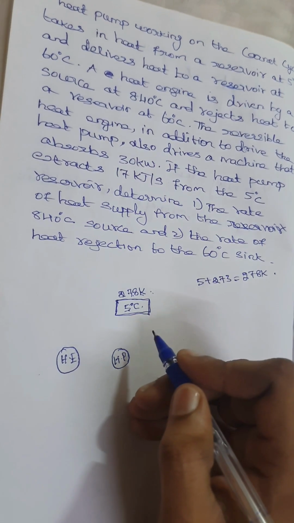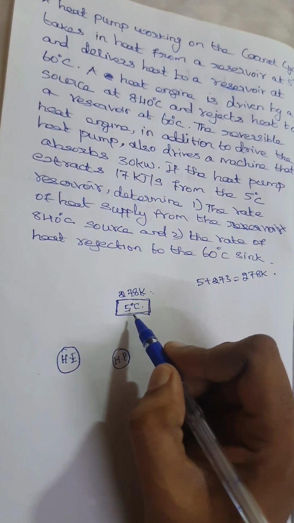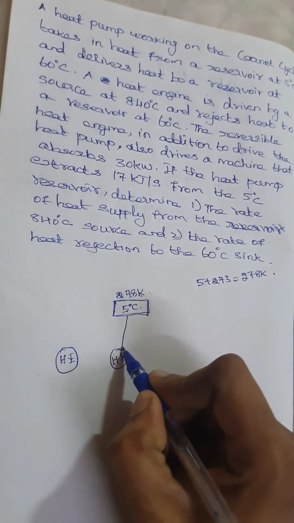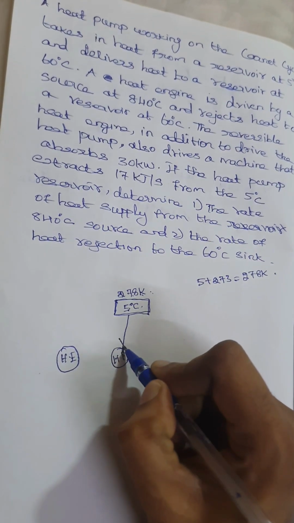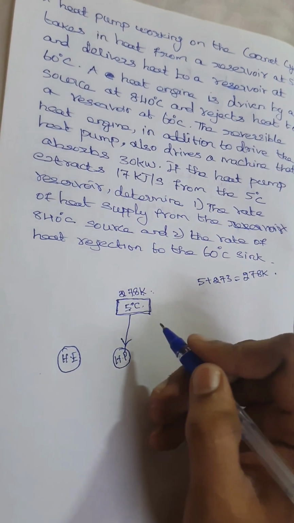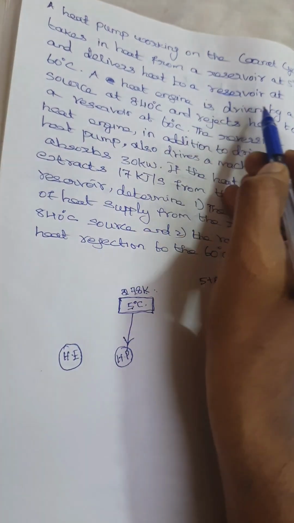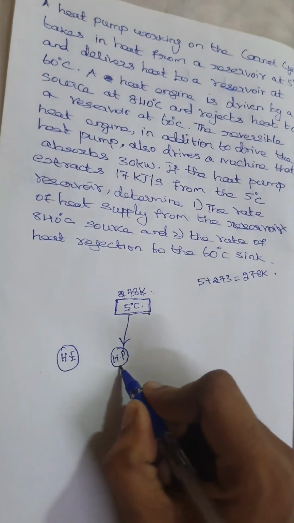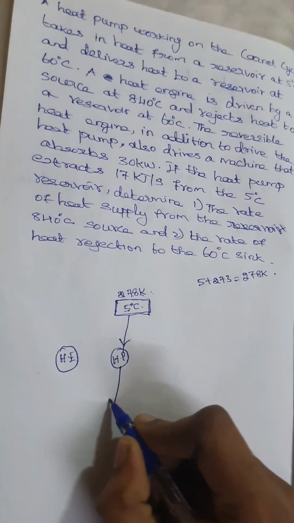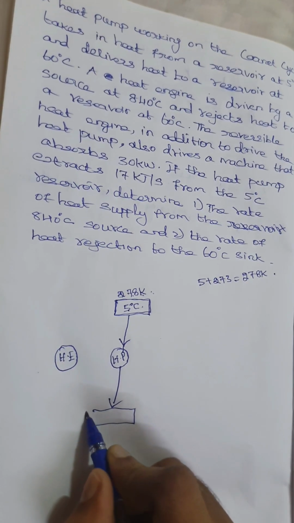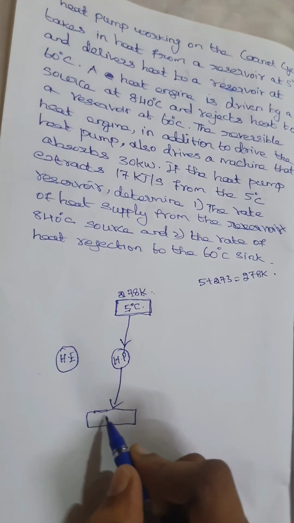Here, what is mentioned is that the heat pump takes in heat from this 5 degree reservoir and delivers heat to a reservoir at 60 degrees centigrade. Here this heat pump is delivering heat to another reservoir which has a temperature of 60 degrees centigrade.